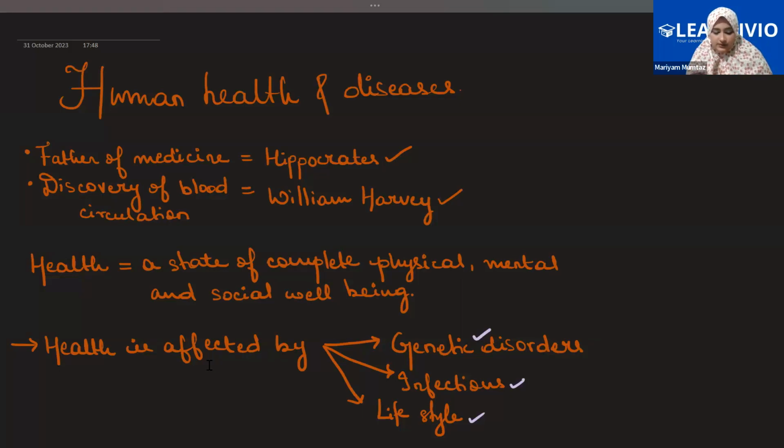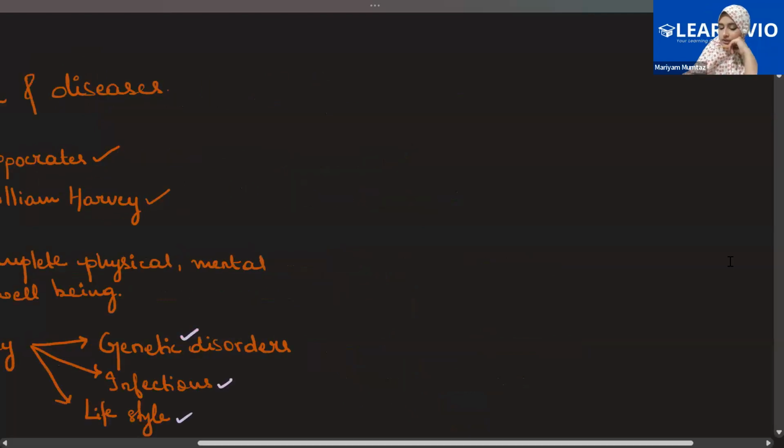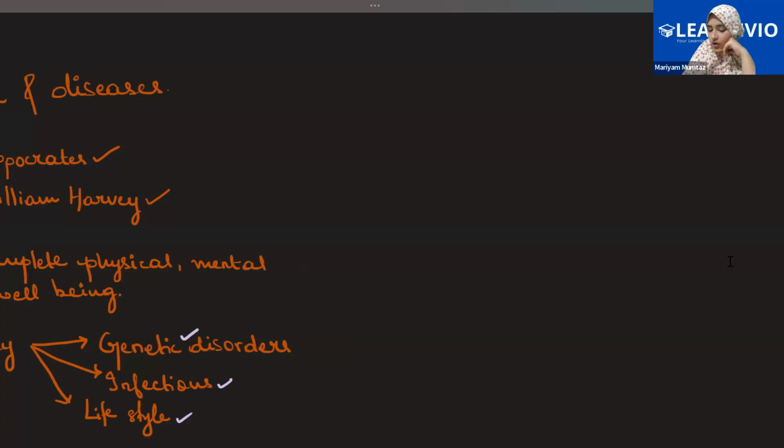All right, just 1 second, students. Till then, you write something about the lac operon. You write down about the operon concept.